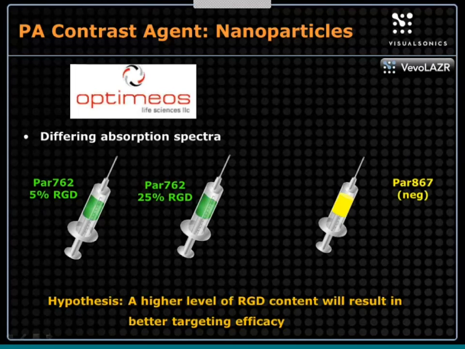The negative control is really to get at the non-specific uptake, and then being able to say, this is going to be our signal from non-specific uptake, this yellow particle essentially, and this is going to be our specific signal, this green signal, from our specific or targeted uptake of the particle.